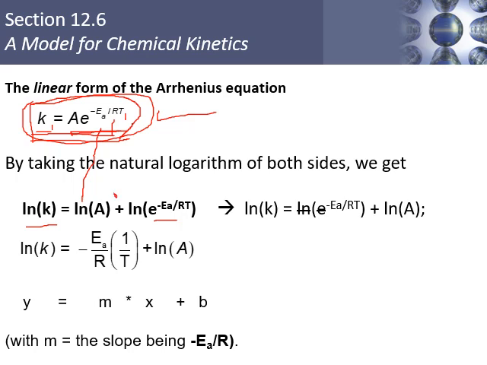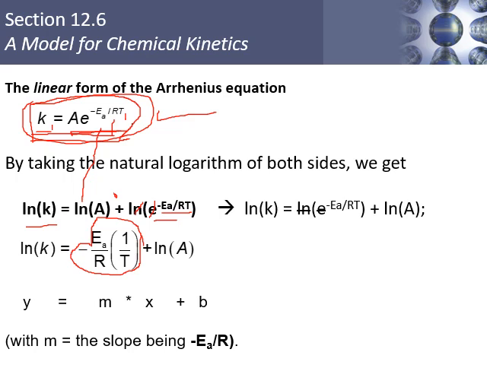When we do it this way, whenever you have the logarithm of e raised to some number, you just cancel the logarithm and e, and you're left with just that exponent part, which is minus Ea over RT, and that's what you see that's been brought down here, and it includes the minus sign.